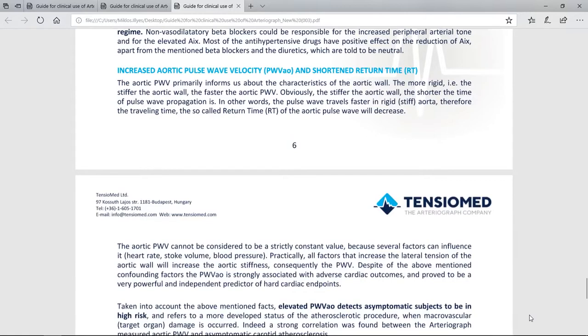What about the increased aortic pulse velocity and the shortened return time? They go together, obviously. The aortic pulse velocity tells us about the characteristics of the aortic wall. The more rigid and stiffer the aortic wall, the faster the aortic pulse velocity.